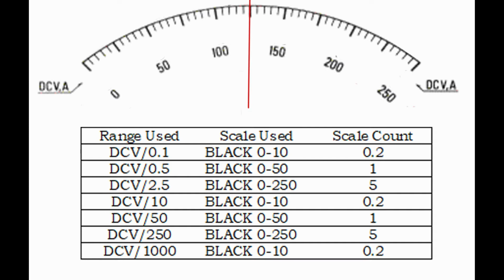Because the scale count of 0 to 250 is 5. Let's start counting from 100: 105, 110, 115, 120, and 125. The number between 100 and 150 is 125. So that is what we call the scale count.